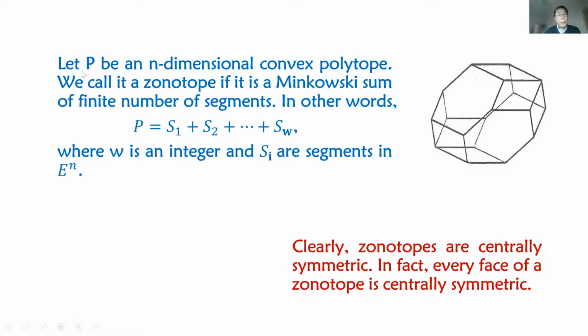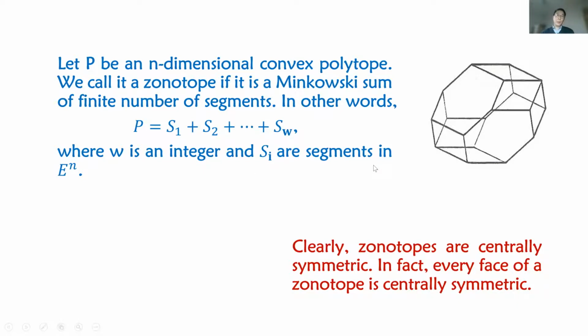So let P be an n-dimensional convex polytope. We call it a zonotope if it is a Minkowski sum of a finite number of segments. In other words, if P equals S1 plus S2 plus ... plus Sn, where the Si are segments.